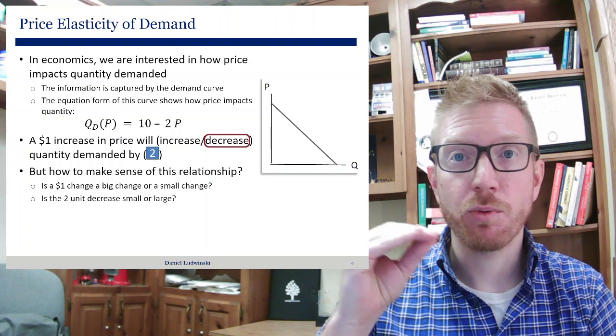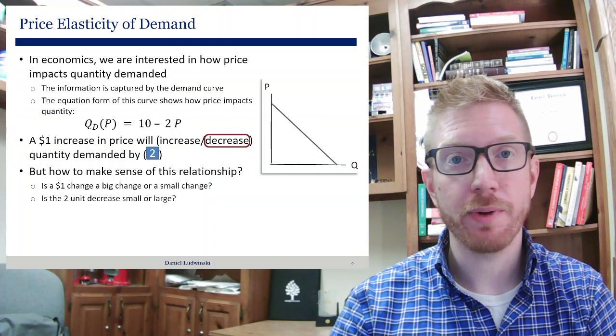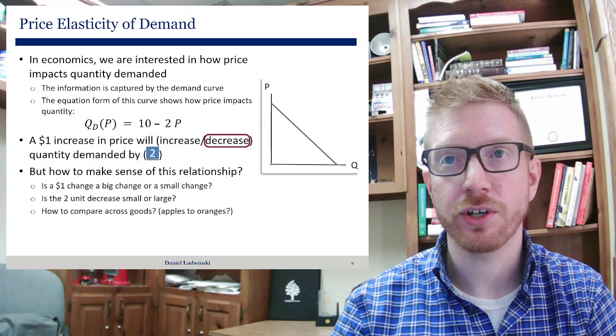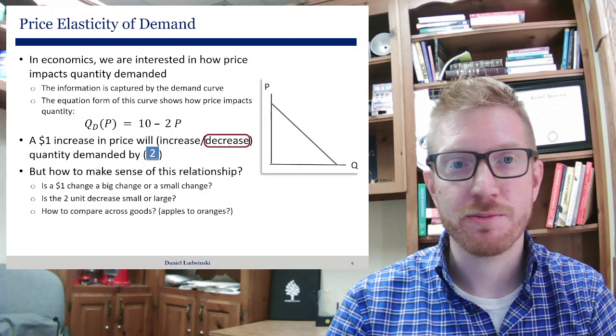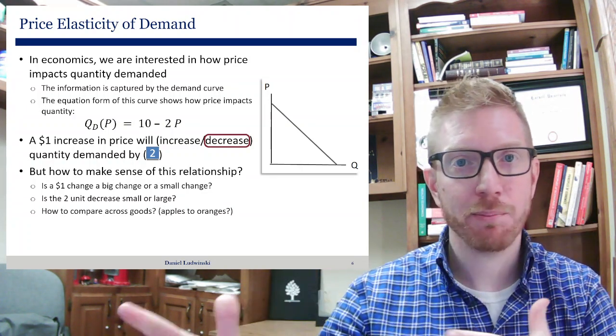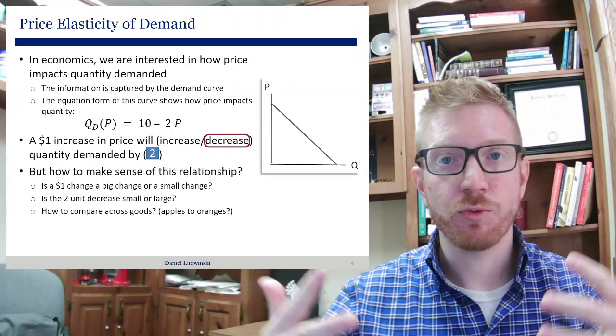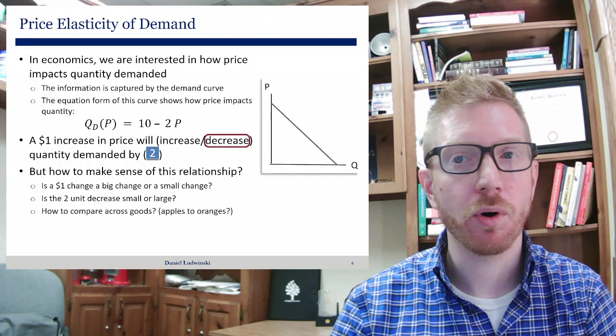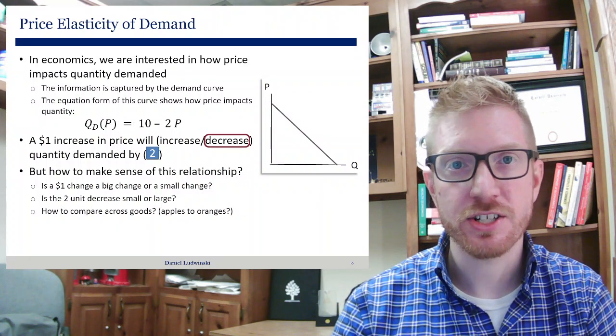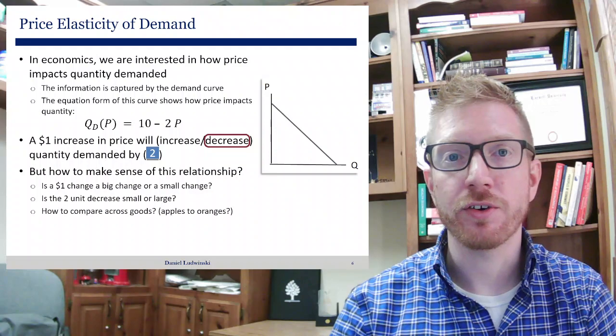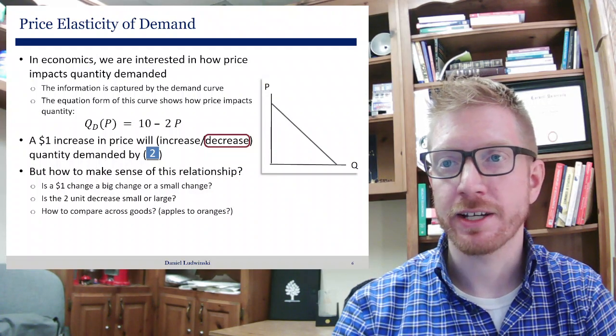And what we're going to want to be able to do is make comparisons across goods and across markets. In essence, be able to compare an apple market to an orange market and talk about which is responding more or more sensitive to price changes, or the term we're introducing here, more elastic.